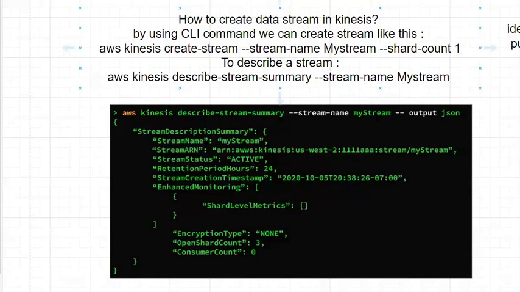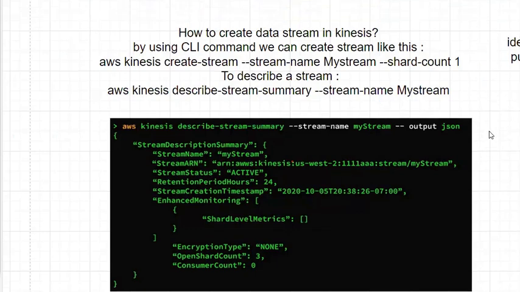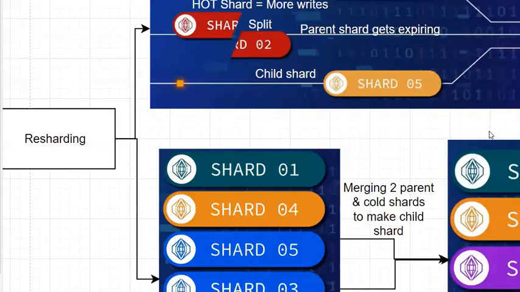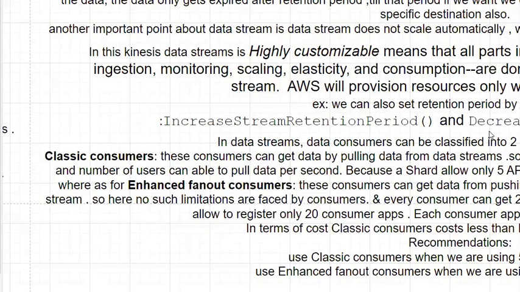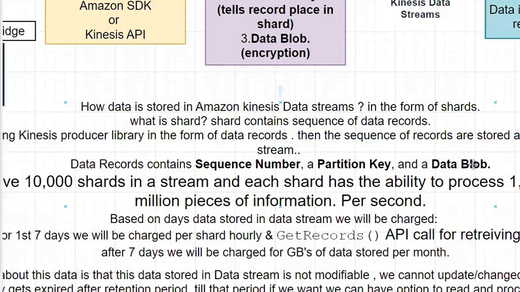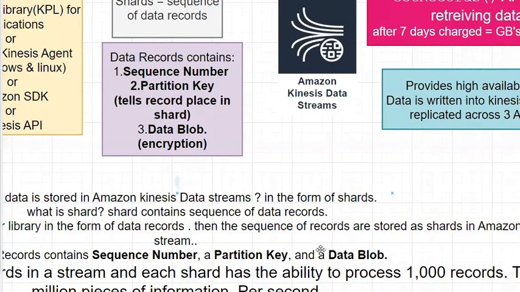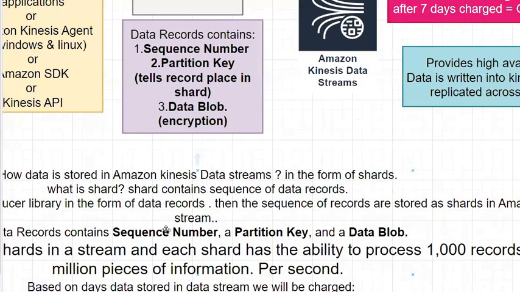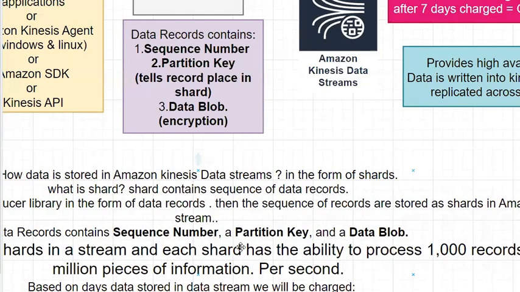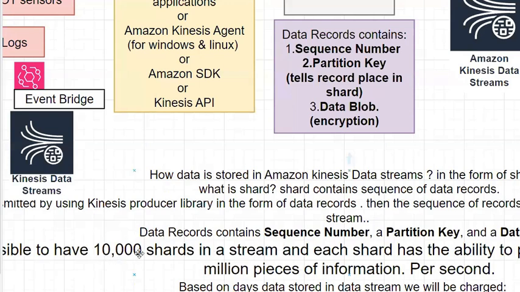In a single shard, how many records can we place? We can place up to 1,000 records, or rather, you can process 1,000 records by using a single shard. Then how many shards can this data stream contain? It contains up to 10,000 shards.